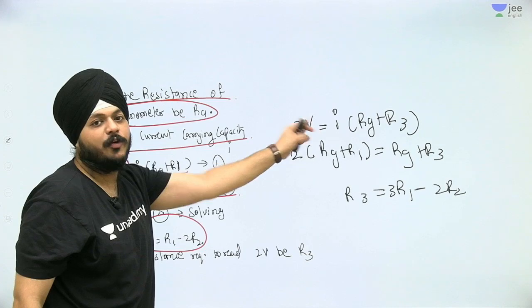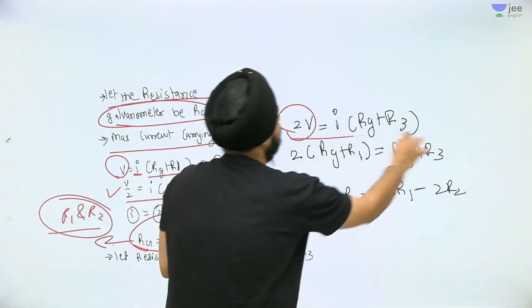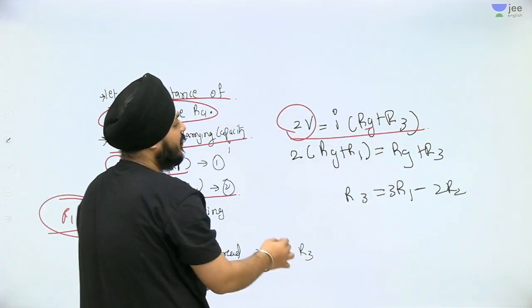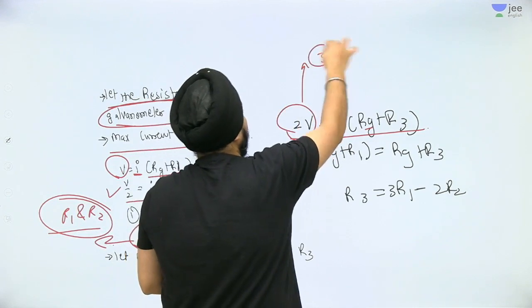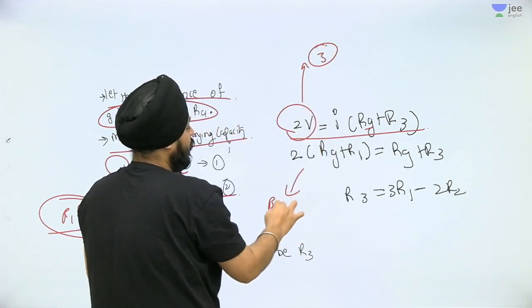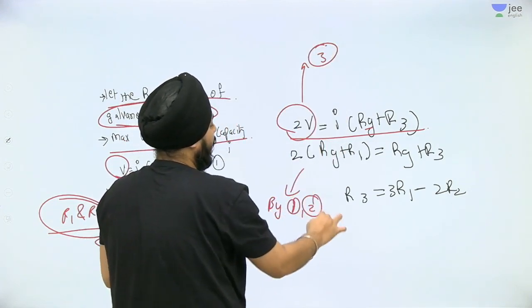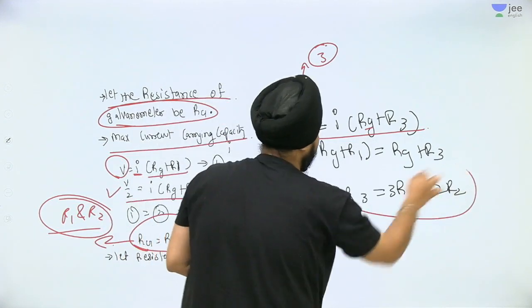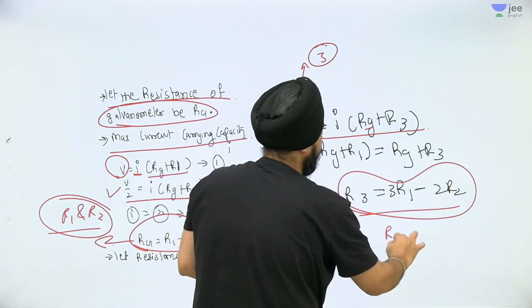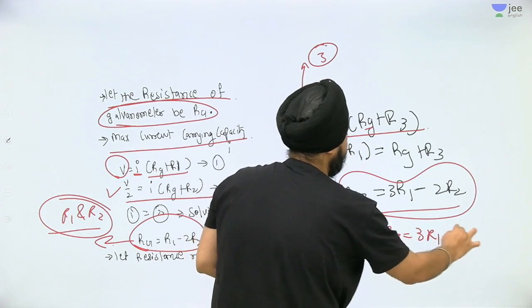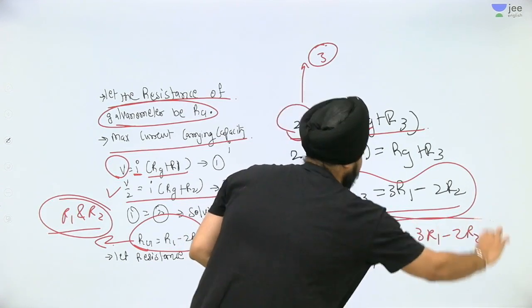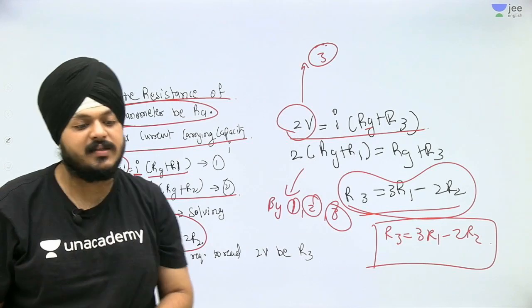Considering these as equations 1, 2 and 3, I am getting the relation R3 equals 3R1 minus 2R2.